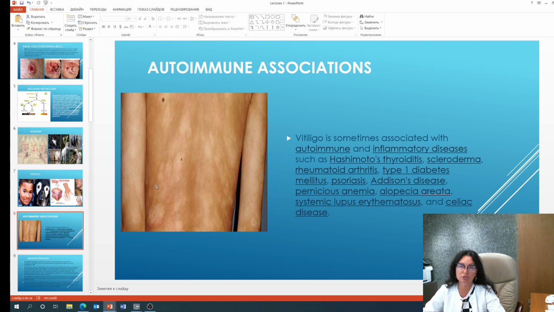So if people have discolored patches, you need to look in the examination for other signs and other autoimmune disorders.